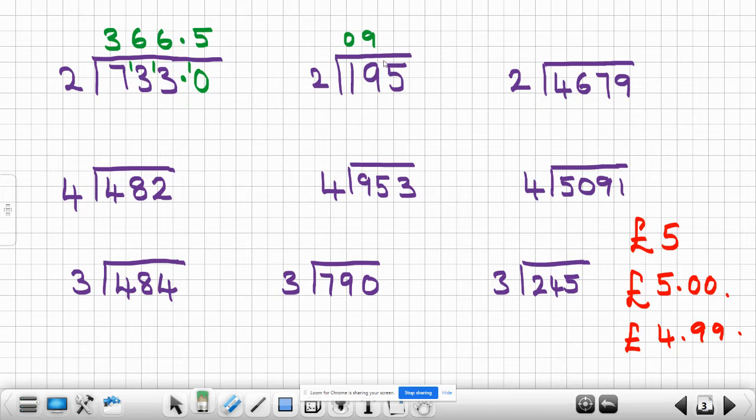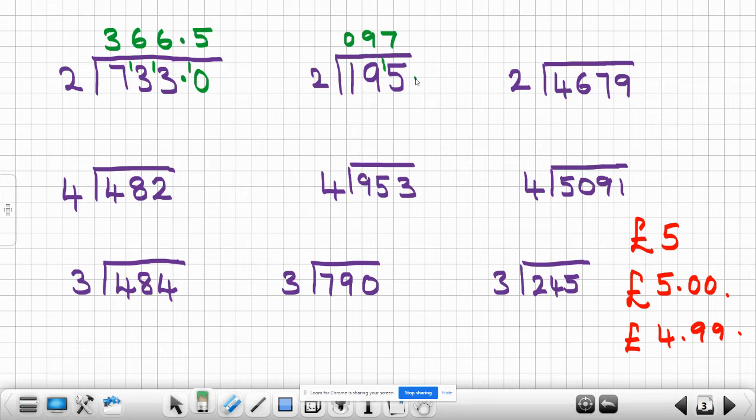So we've got 1 remainder. We'll put it in front of that 5 to make 15. 2's into 15 goes 7 times. 2 times 7 is 14. So again, we've got this remainder of 1 and nowhere to put it.